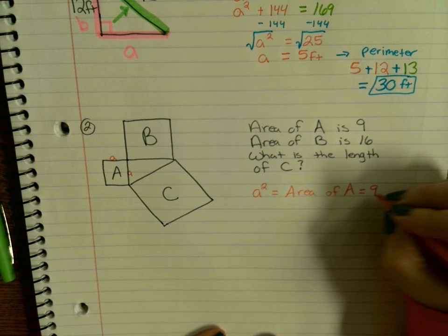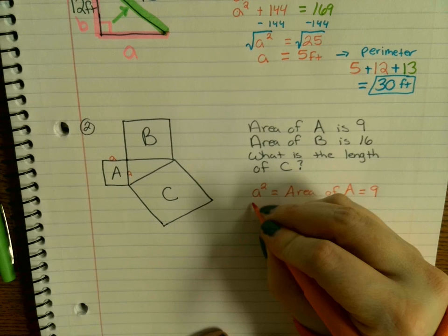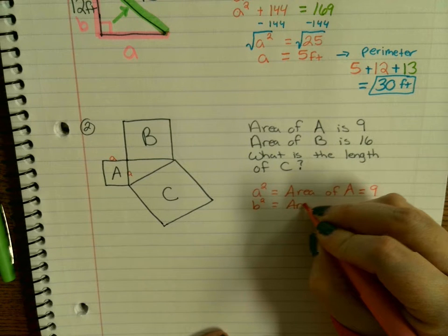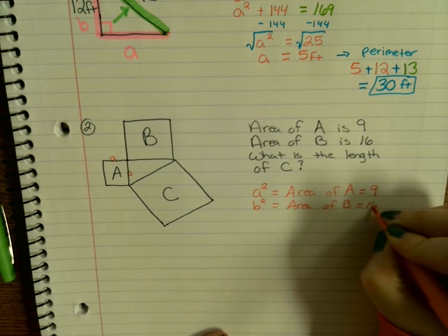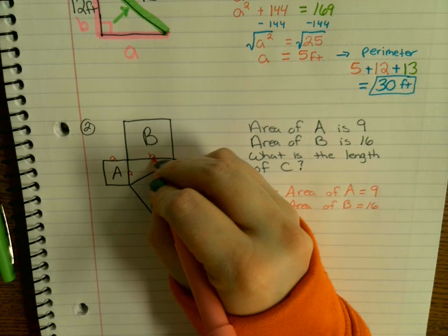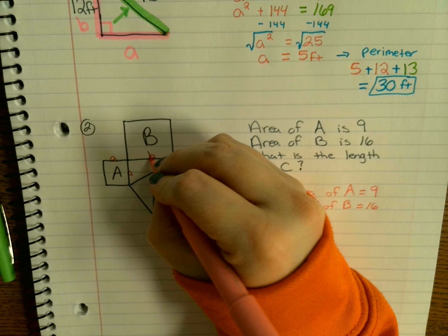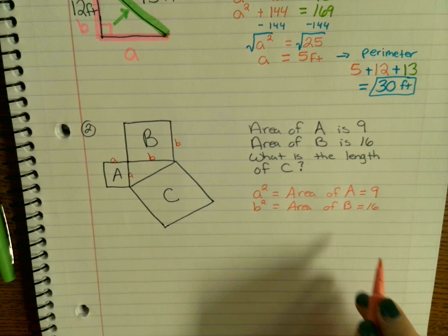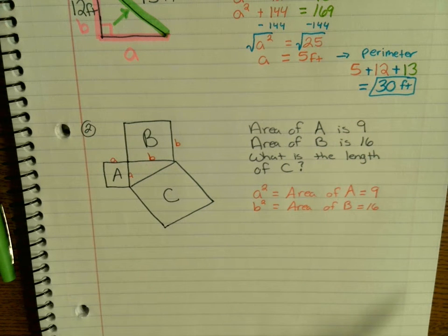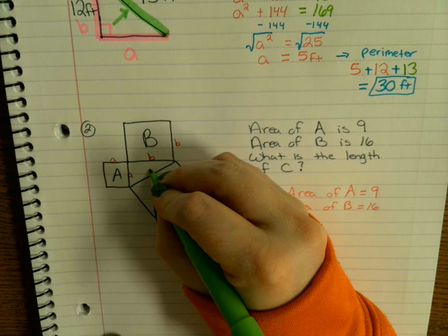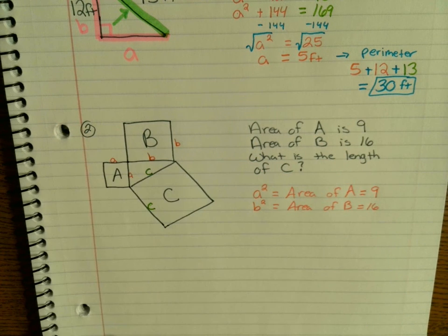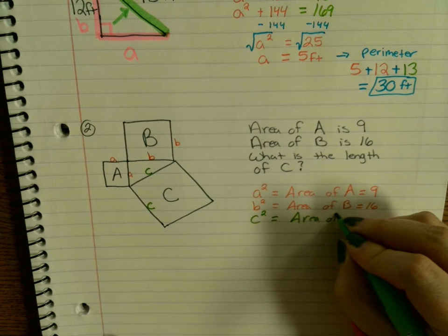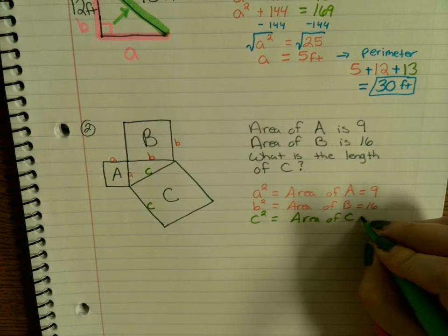B squared, little b squared, is the same thing as the area of B, which happens to be 16. That means you have your little measurement of B here, and your little measurement of B here. B times B is going to equal 16. And this little c times this little c, c squared, is the same thing as the area of C, which we don't know yet.